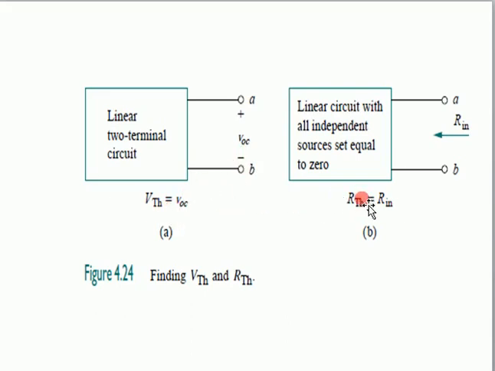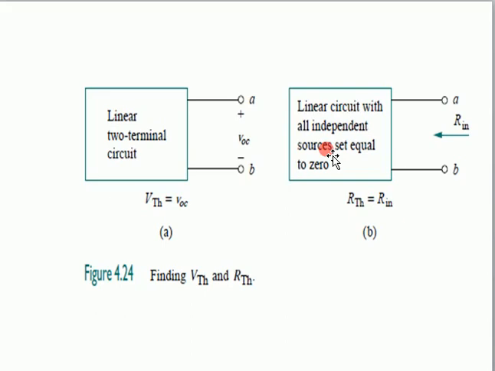In order to find R Thevenin, we say R Thevenin is basically the input resistance seen from the terminals AB while the load is removed. No load is here. And second thing is this, here is the two-terminal linear circuit, but without independent sources.